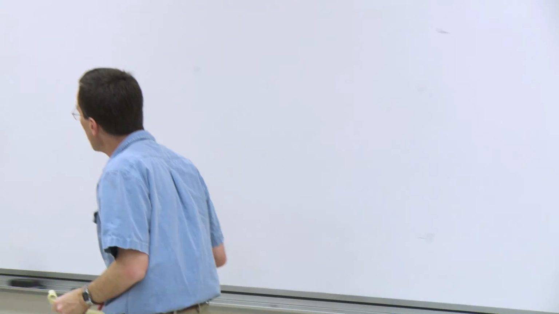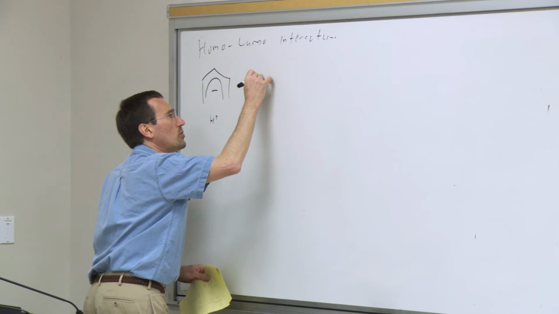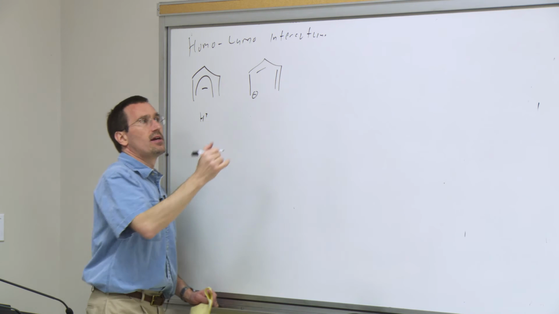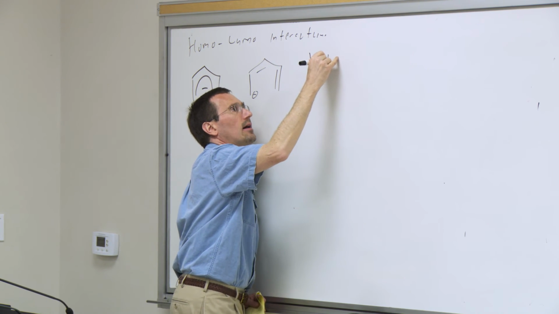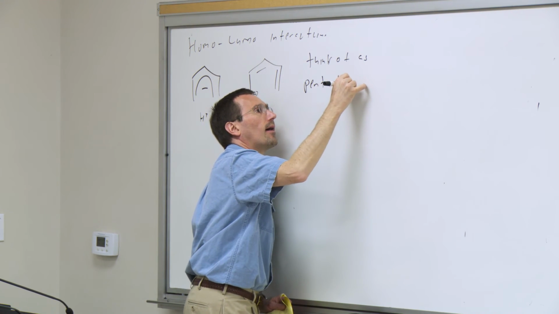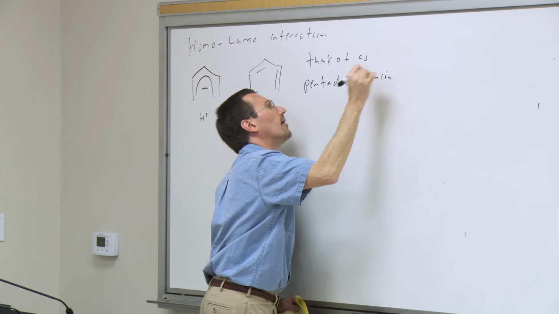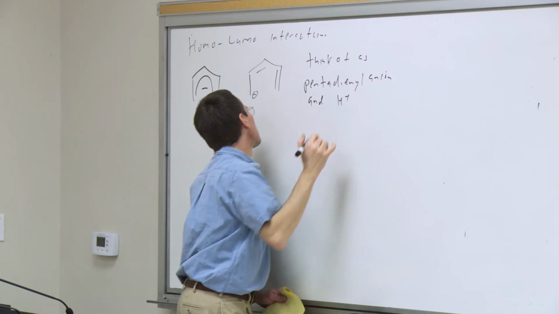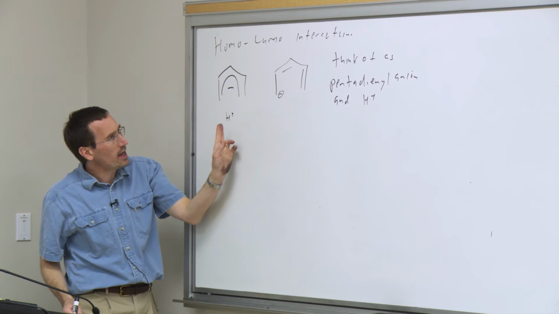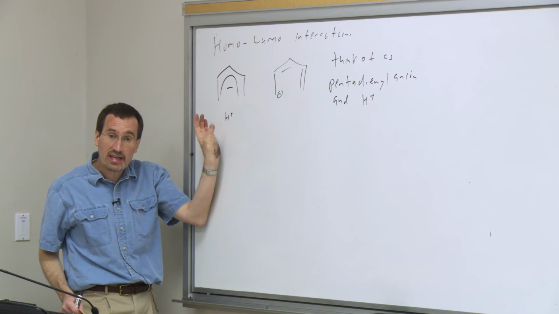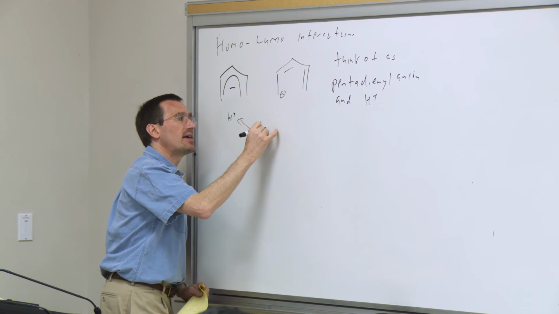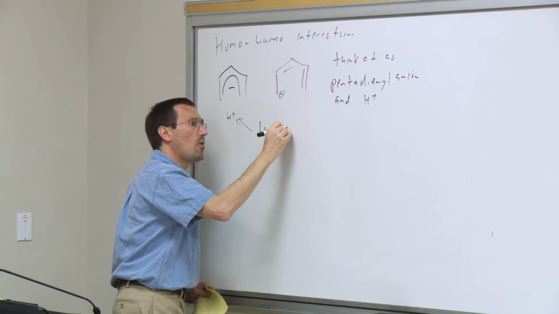In other words, I'm going to draw this out once again. You can think of this as a pentadienyl anion and H plus. So if we conceive of this in this way, the H plus now has a vacant 1s orbital. So in other words, you can think of this as a 1s LUMO.